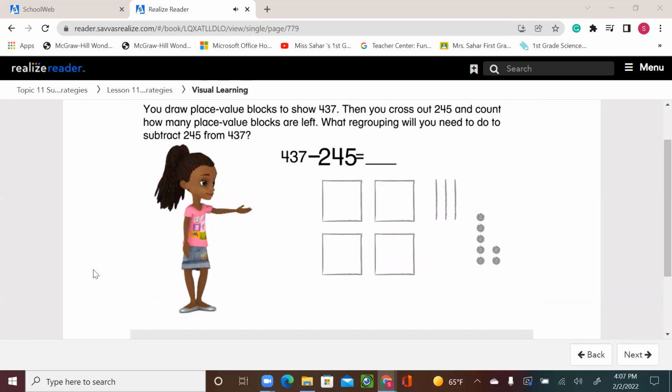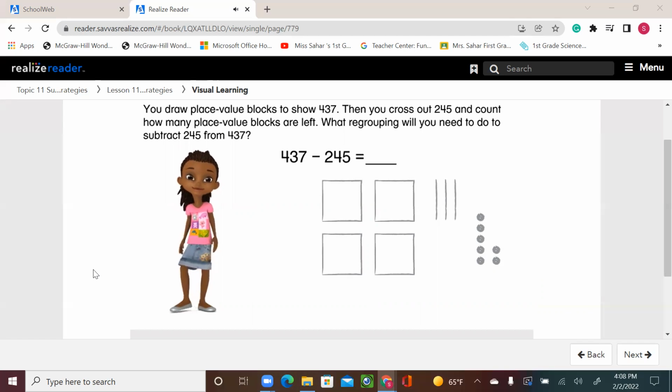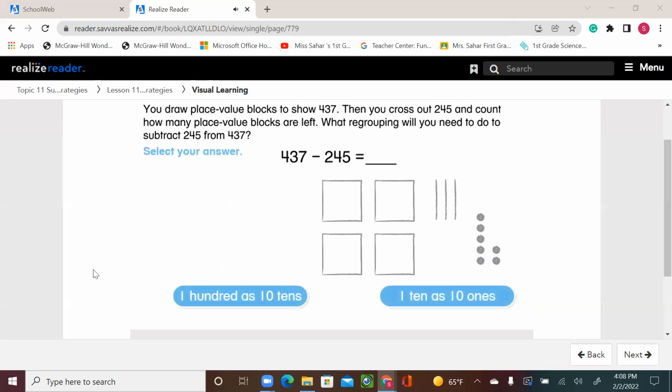Then you cross out 245 and count how many place value blocks are left. What regrouping will you need to do to subtract 245 from 437? Select your answer. All right, let's see first. 437 minus, or take away, 245.